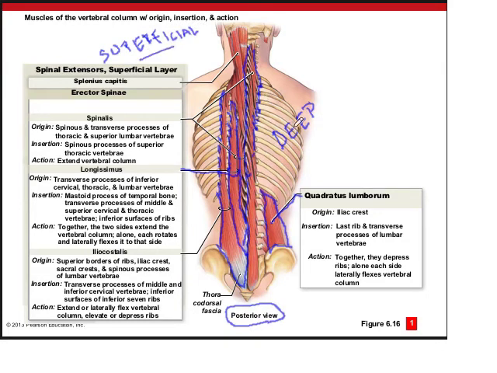So, superficial and deep. Keep that in mind. In case you're wondering, the quadratus lumborum would lie underneath the iliocostalis as well as the longissimus, as an example.